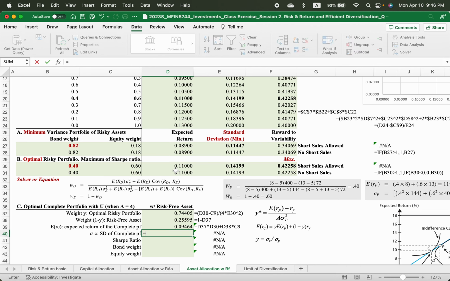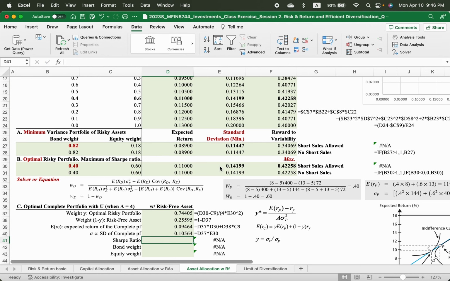Next, how to calculate the standard deviation of the complete portfolio? Yes, simply we use this equation we practiced earlier. So the complete standard deviation, how to get it? We can rearrange this formula. Just weight times the standard deviation of the portfolio. Weight times standard deviation of the portfolio, 14.199%.